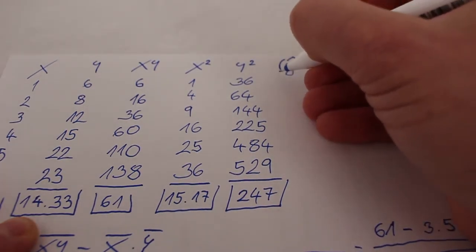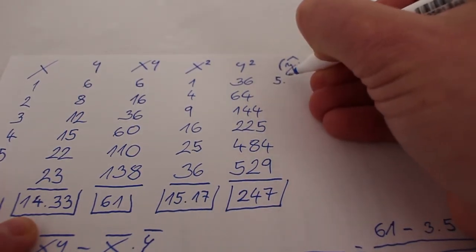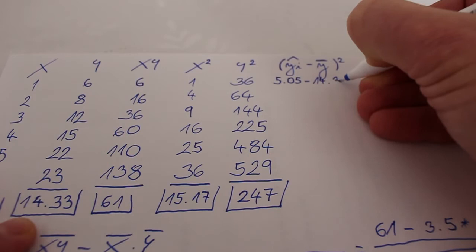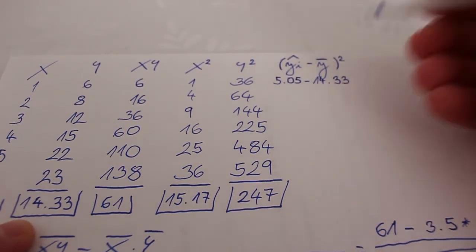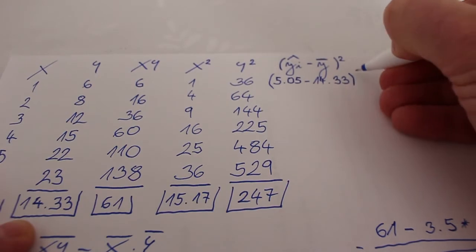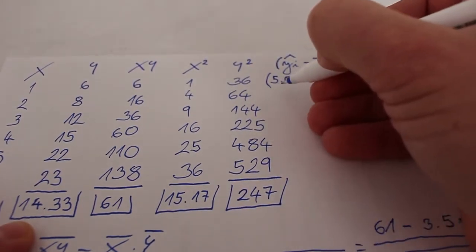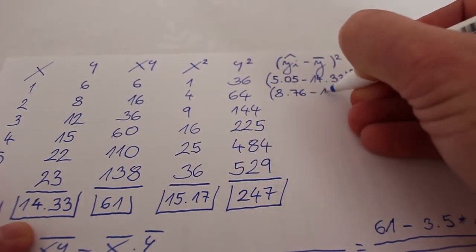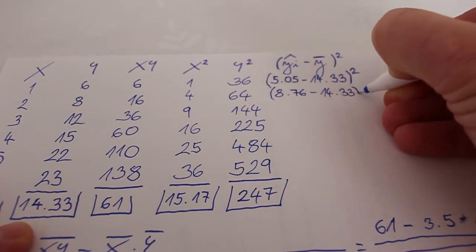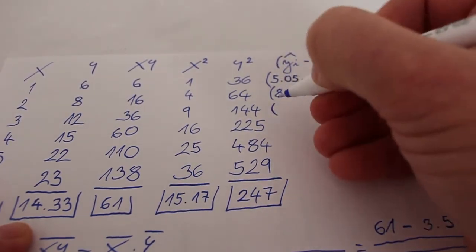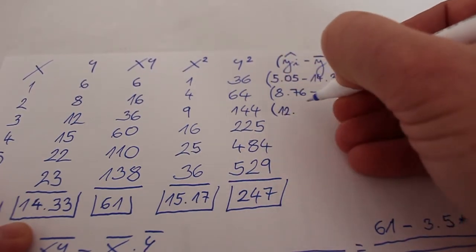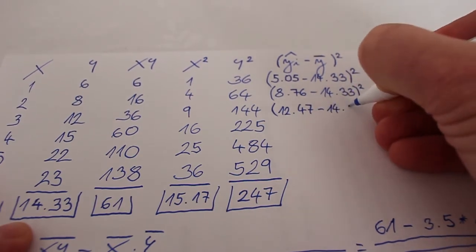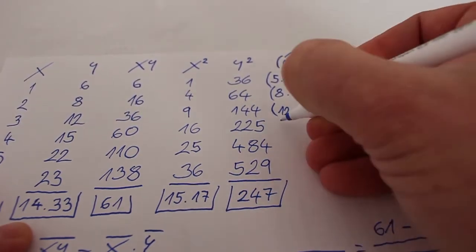So there will be 5.05 minus 14.3333 squared, and we can continue: 8.76 minus 14.33 squared, 12.47 minus 14.33 squared.